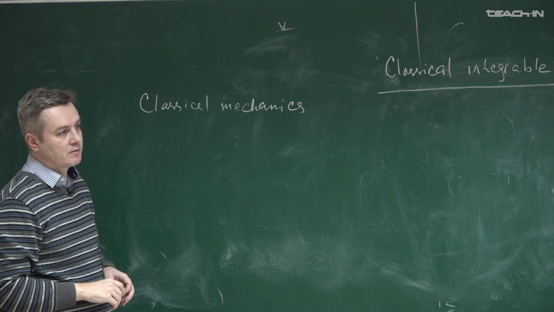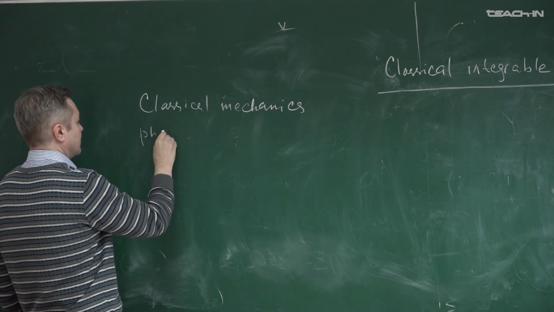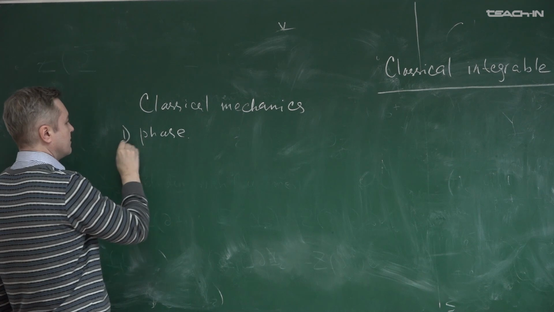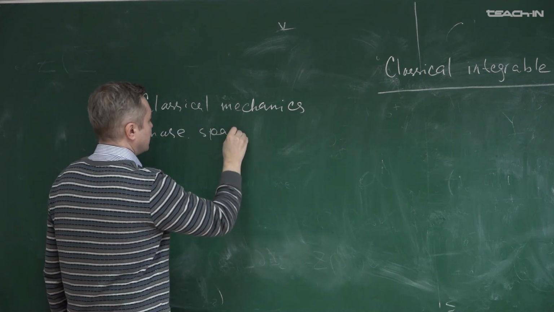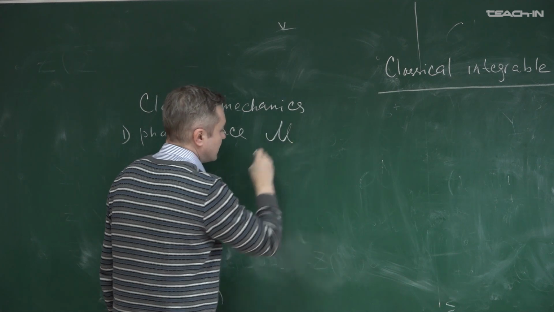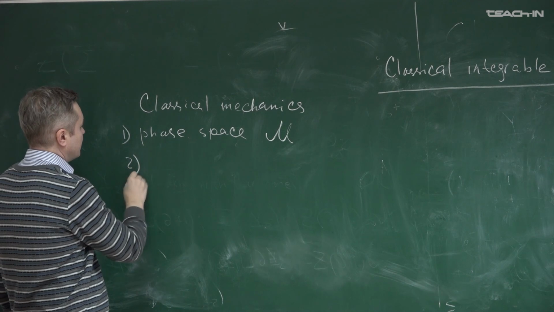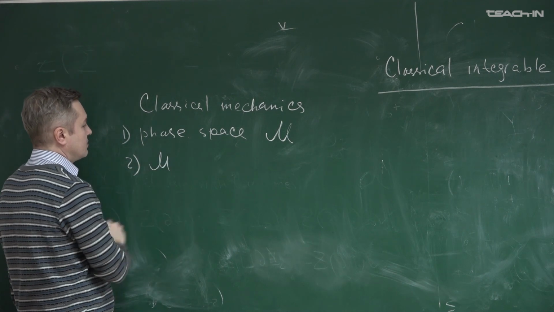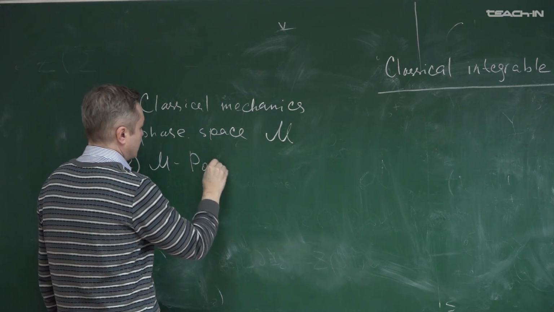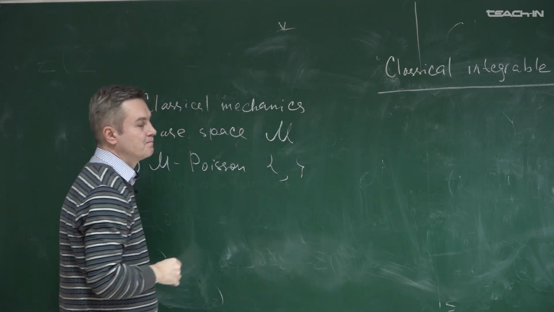So at the level of classical mechanics, we deal with some phase space, which is given by some manifold, and this manifold should be Poisson, so that there is a Poisson bracket on it.